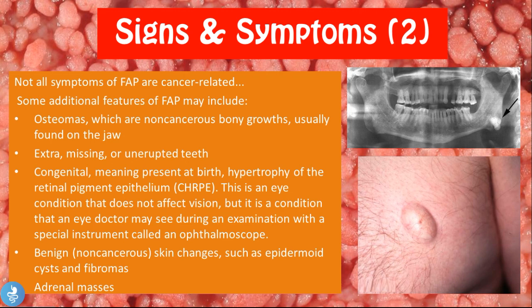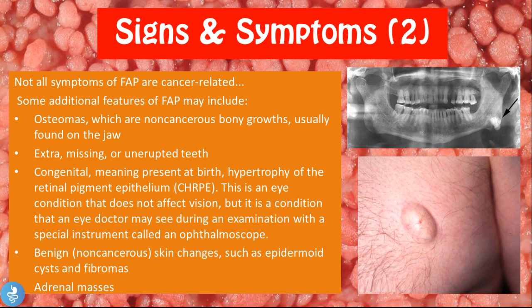We have osteomas or these bony growths. We have epidermoid cysts and fibromas. We have adrenal masses. So they're all sort of related to growths that are happening in the body that are not actually supposed to happen. And this is because we have a defect or a problem at the tumor suppressor gene.